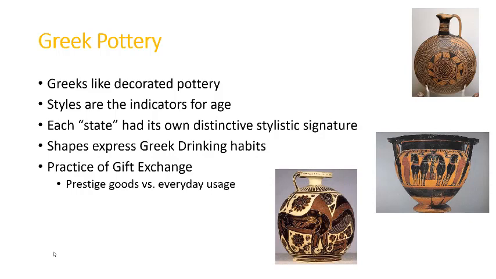We'll look at a variety of shapes in this presentation. And various vessels were often exchanged between states as a form of gift exchange. Some were considered precious and some were considered far more utilitarian.